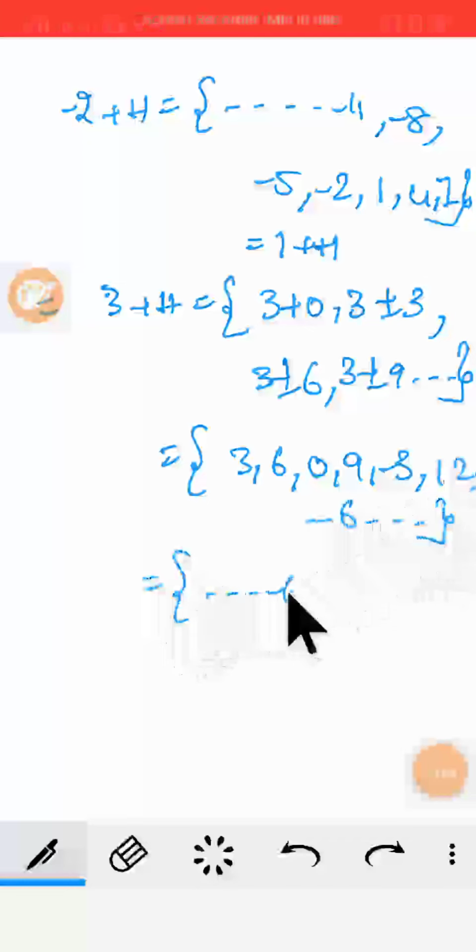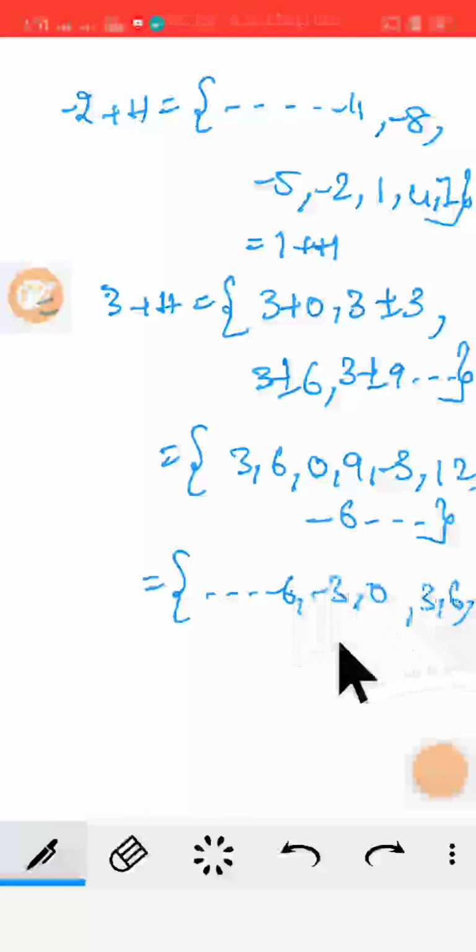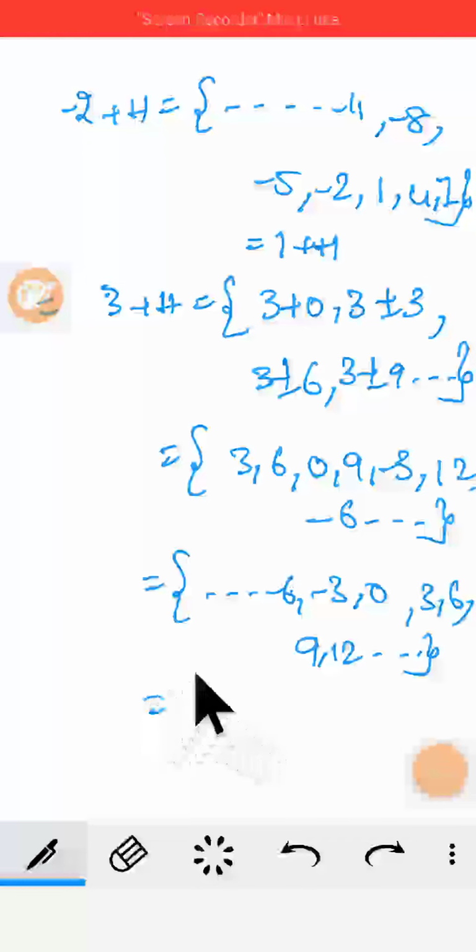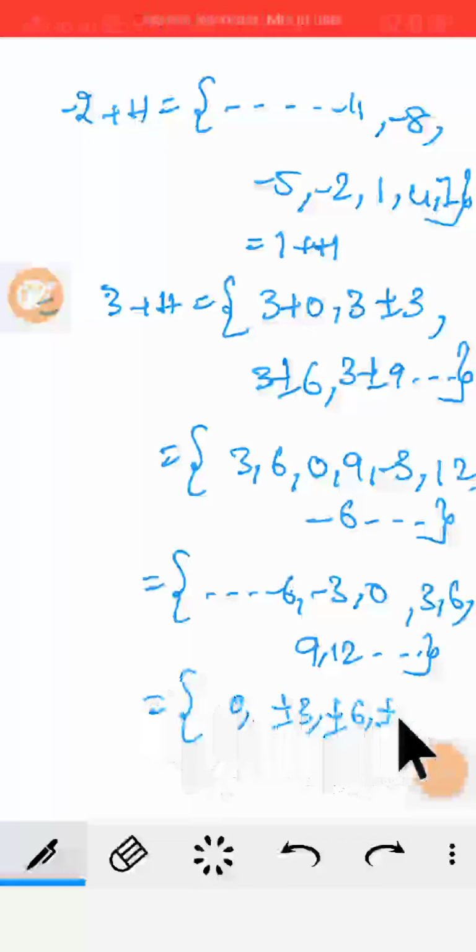Minus 6, minus 3, 0, 3, 6, 9, 12. Here we get 0, plus or minus 3, plus or minus 6, plus or minus 9. 3 plus H is equal to H.